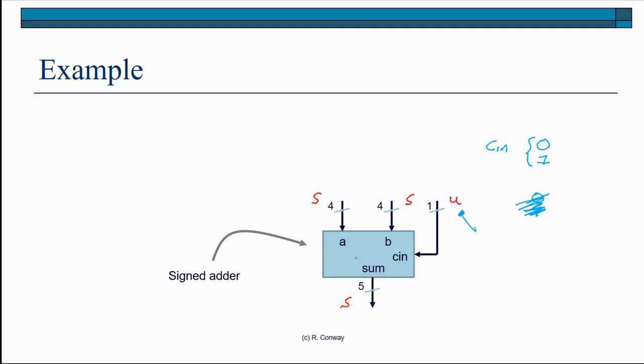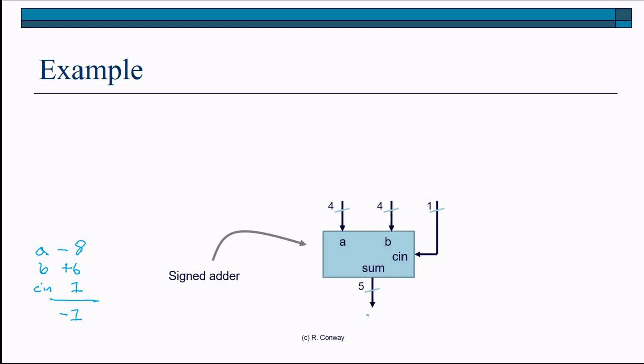So we still want to perform a signed addition to produce a signed output. Let's illustrate the operation of this signed adder with an example. So let's say A has the value -8, B the value +6, and Cn can only be 0 or 1, so let's say it's 1. So when we add these three values, we have -8 + 6 + 1, which is equal to -1.